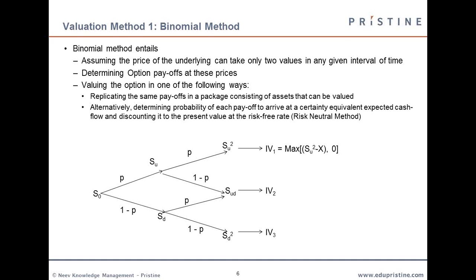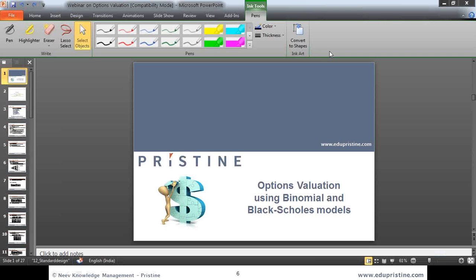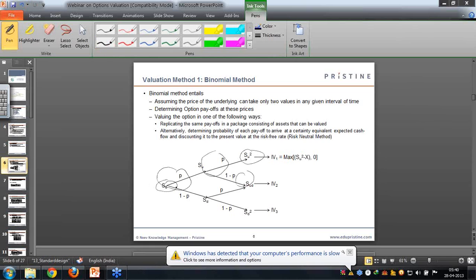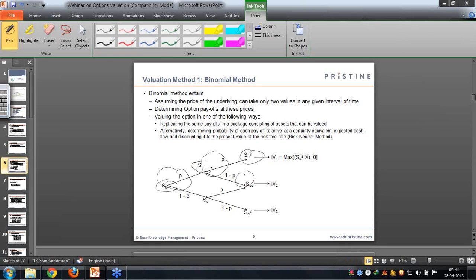So in the binomial method, you always try to make this kind of a tree wherein you start with the stock price today, and then you will be given the U and the D values, which are the values that the stock is going to take after the fixed duration. As we said, we have only two values, we assume it, and if we have further durations, the tree will continue this way.